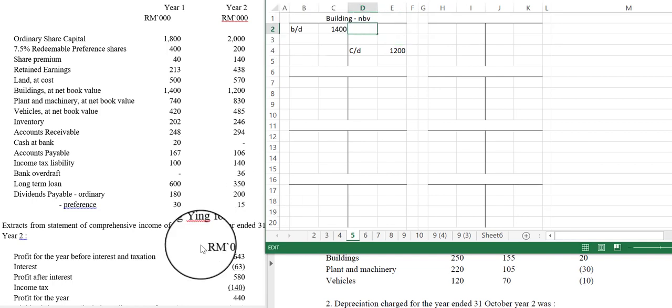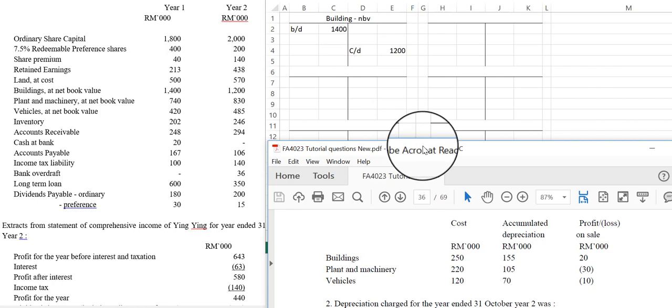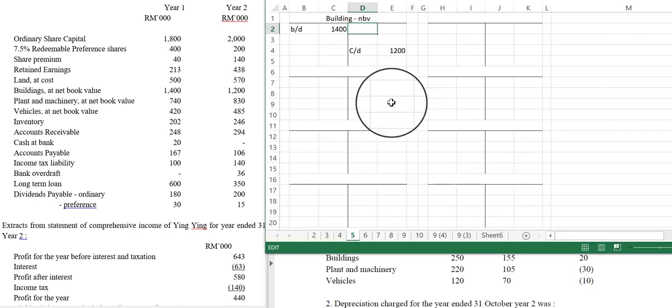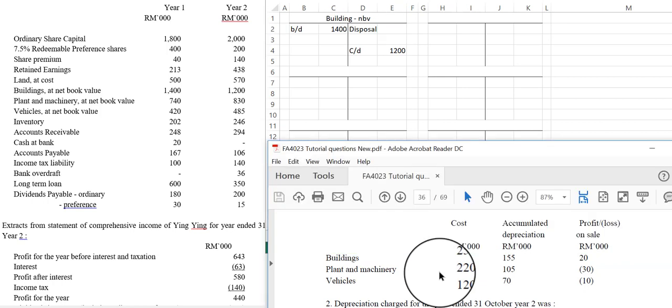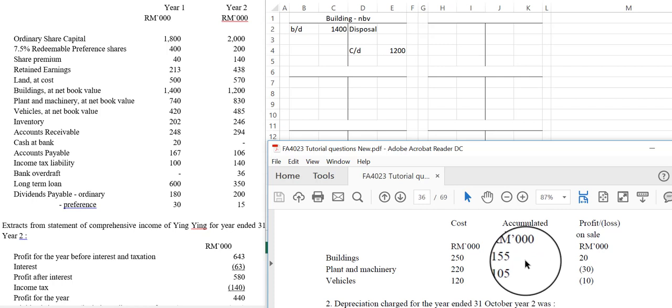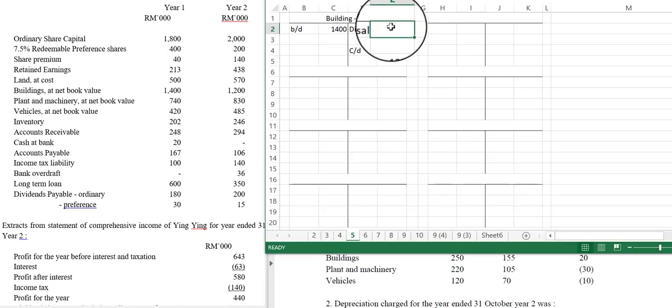According to the notes to the accounts, you actually have a disposal, so you have to key in a disposal here. Since it's on net book value, whatever figures you key in should be net book value figures. So for building, your net book value will be 250 minus 155, so you should have a disposal of building of 95.